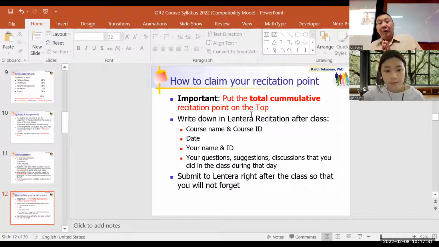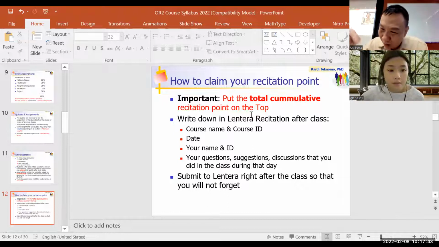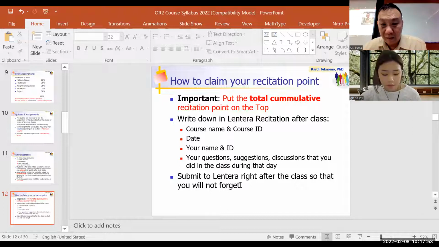Don't forget to claim your recitation, but please put the total cumulative recitation point on top, okay? So that I will not calculate all the points that you claim. Okay, you just put on the top, so I will just believe what you say. Okay, so submit in the Lentera right after the class.